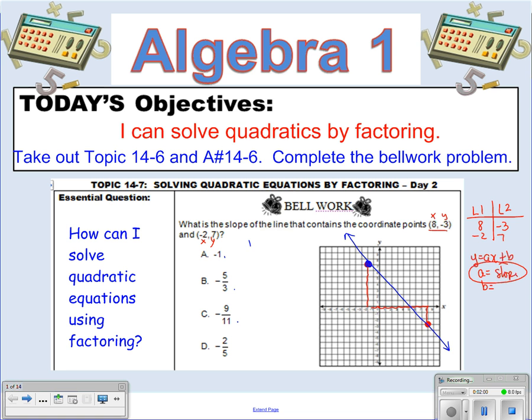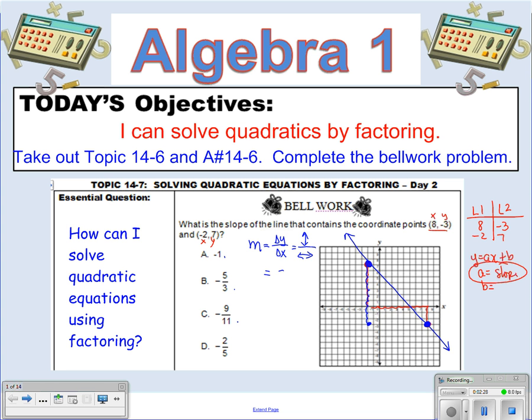Slope is how it changes in y over how it changes in x, or how does it go up or down compared to how it goes left or right. We already know it's negative, so let's find out how far we have to go down to get to our second point. That's 1, 2, 3, 4, 5, 6, 7, 8, 9, 10.